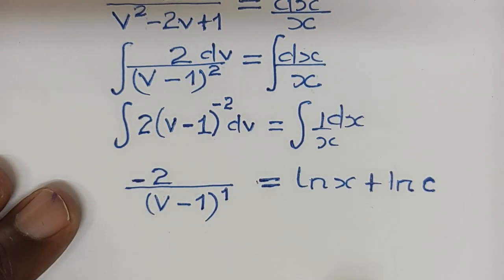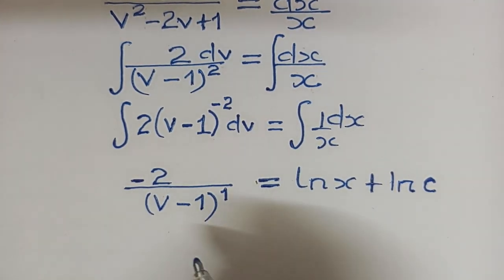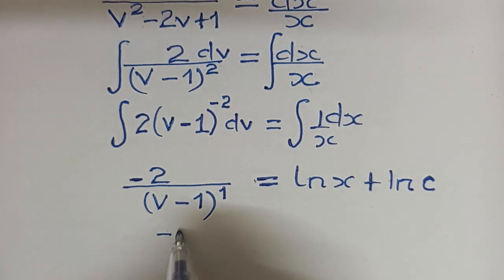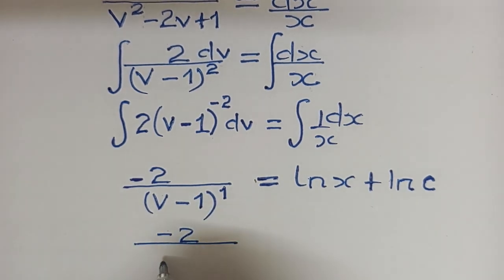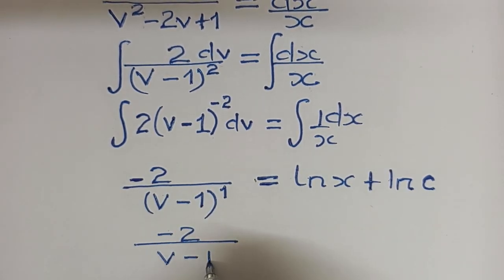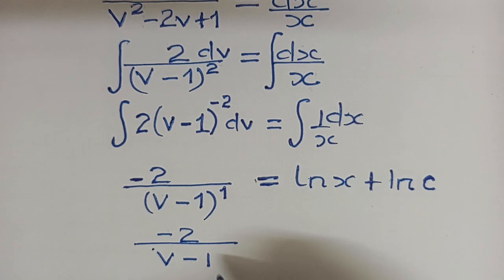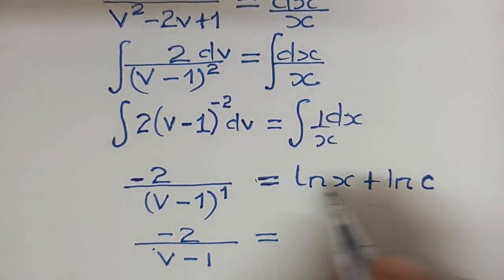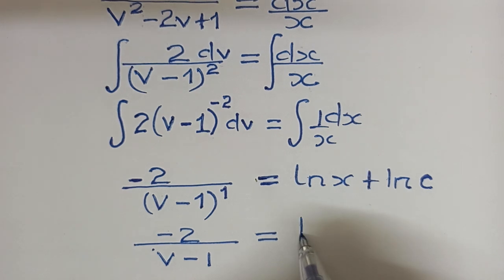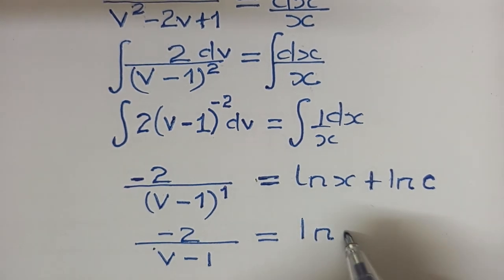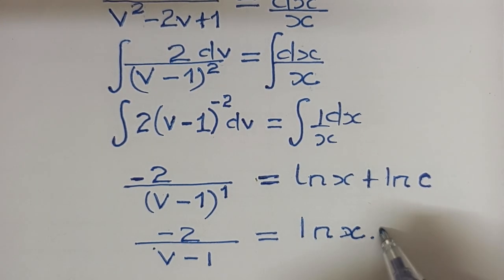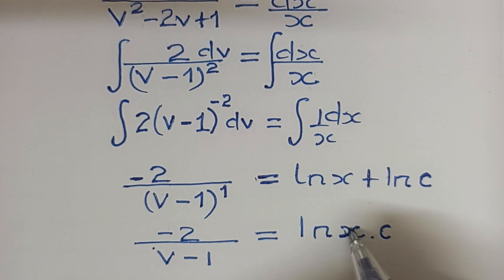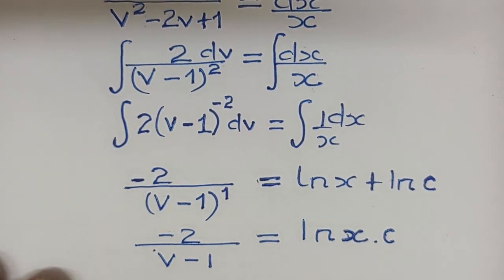And so we shall have negative 2 over v minus 1 equals natural log of x multiplied by c, according to the laws of logarithm.